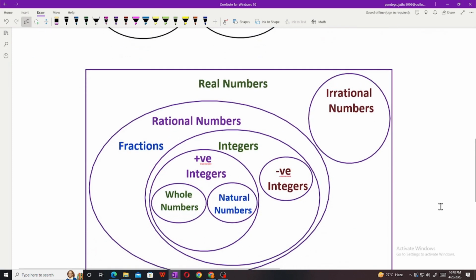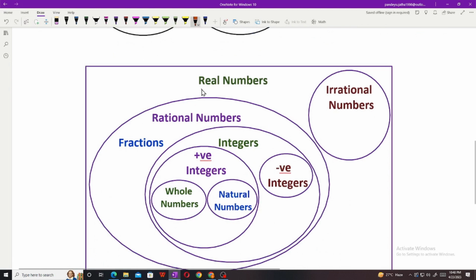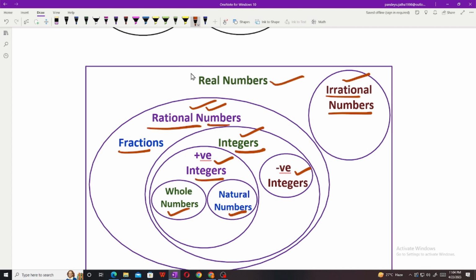So real numbers are the collection of rational numbers and irrational numbers, and rational numbers consist of fractions and integers. In integers we have positive and negative, and positive integers means whole numbers and natural numbers. So these all are real numbers.